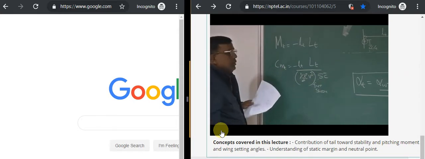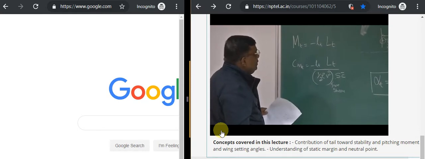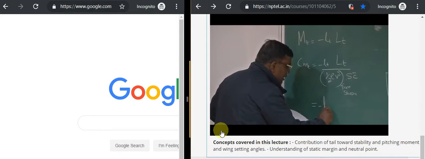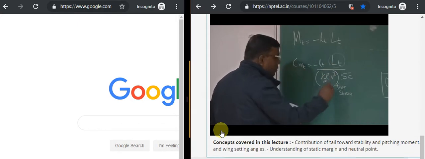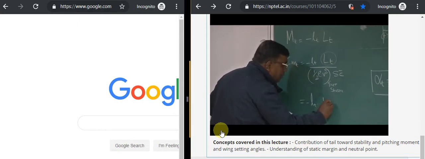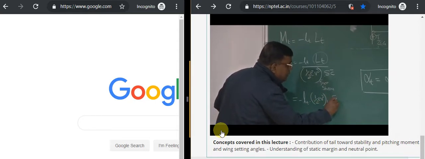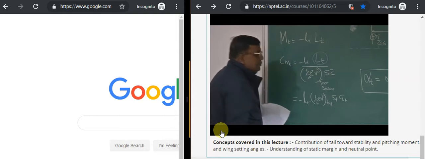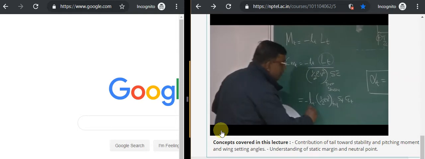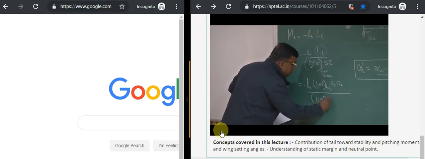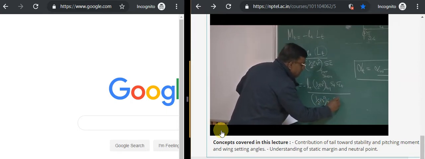Watch here carefully. What will be LT? LT, say minus LT is the tail moment arm. Lift on the tail will be what? It will be half rho V square at tail into ST into CLT. Right? Okay. This divided by half rho V square free stream into S C bar.